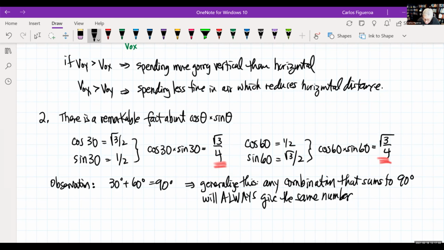In other words, I could do 20 degrees and 70 degrees, or I could do 40 degrees and 50 degrees. As long as I have that combination, I'm always going to get that. So let's go look at the applet.